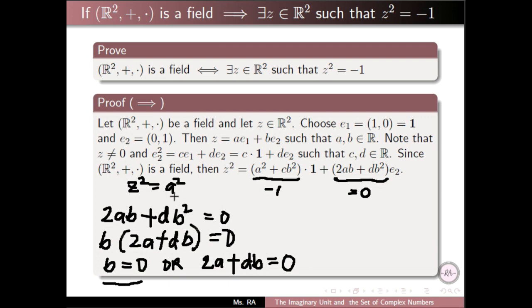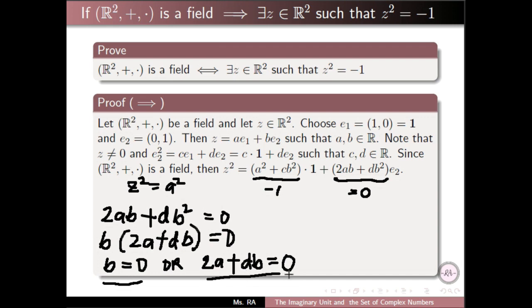But since a is an element of the real numbers, taking the square of a gives us a value which is greater than or equal to 0, which is not what we need, because what we need here is to have z equal to a minus 1. So take b to not be equal to 0. Let b be not equal to 0.